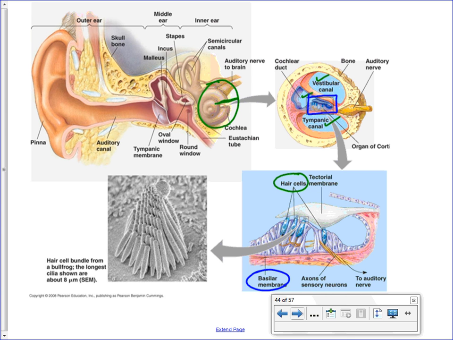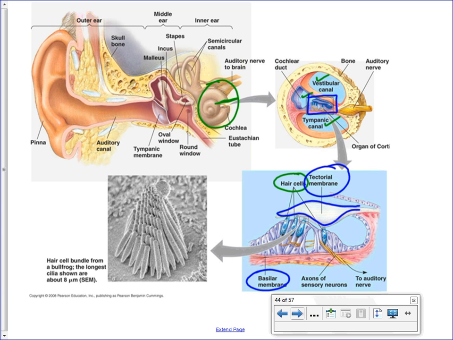All around these cilia, again, it is going to be fluid filled, and we do have one other structure here. It's a flap of tissue over top of those cilia, and it's referred to as the tectorial membrane. So you can sort of think of these hair cells, the cilia themselves, as rubbing up against the tectorial membrane.